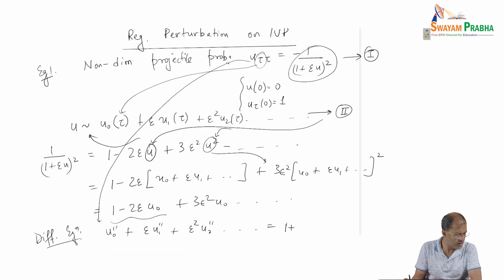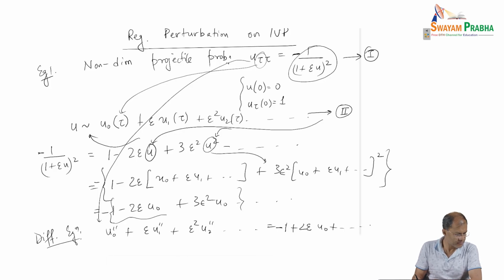We had a minus on the right hand side, so we should put a minus, and so we will have minus 1 plus 2 epsilon u naught, and that is what we have up to the largest order term, right?